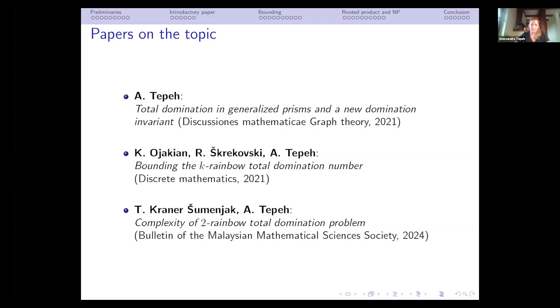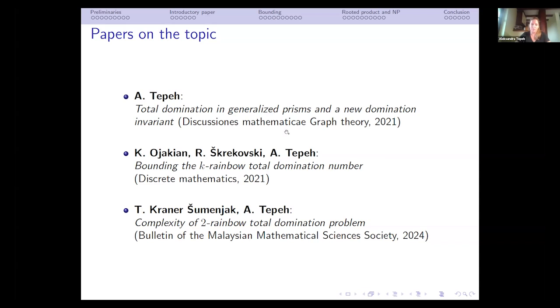Then in the second paper that was co-authored by Kari Aujakian and Ristas Krakowski, we derived some bounds for this new invariant in terms of total domination, ordinary domination, and Roman domination. And in the recent paper with Tadeja Kraner Šumenjak, we explored complexity of the rainbow total domination.